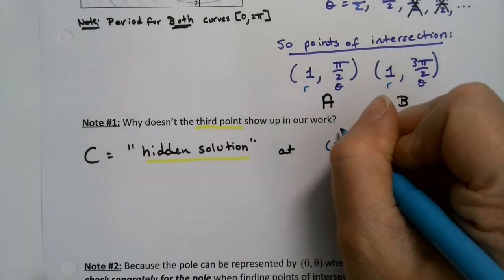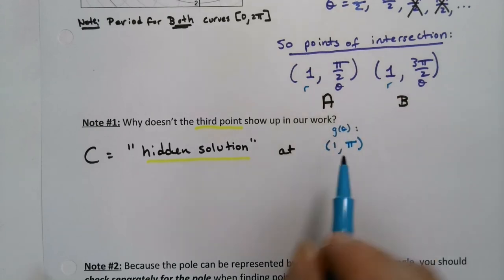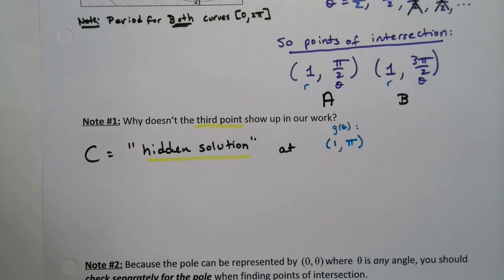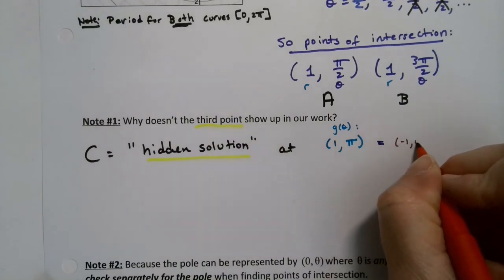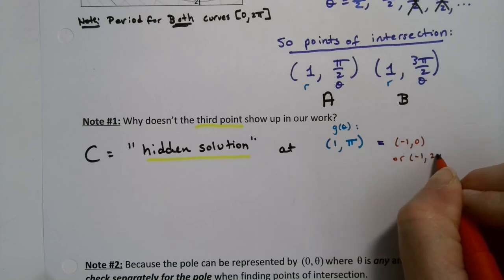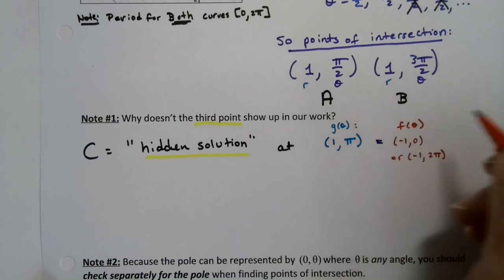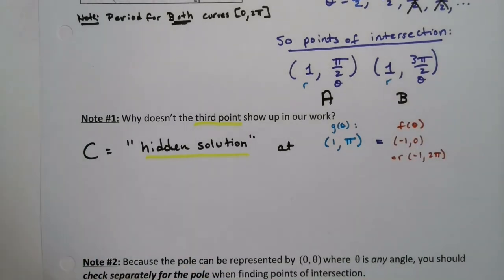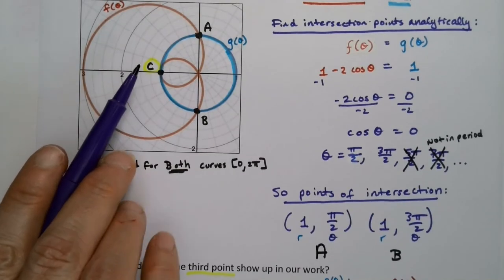So for g of theta, it's at 1, pi, but that's equal to, for the other curve, -1 comma 0, or if you want -1 comma 2 pi, that works as well for f of theta. So it's the same place, but they hit it at different angles. They're both that dot over there at C, but they're hitting it at different angle values.